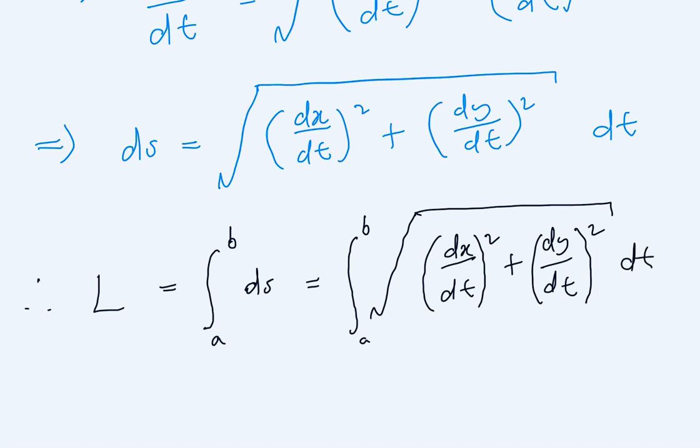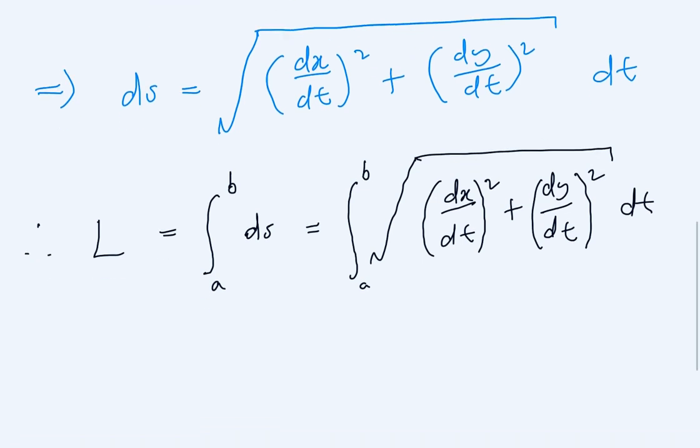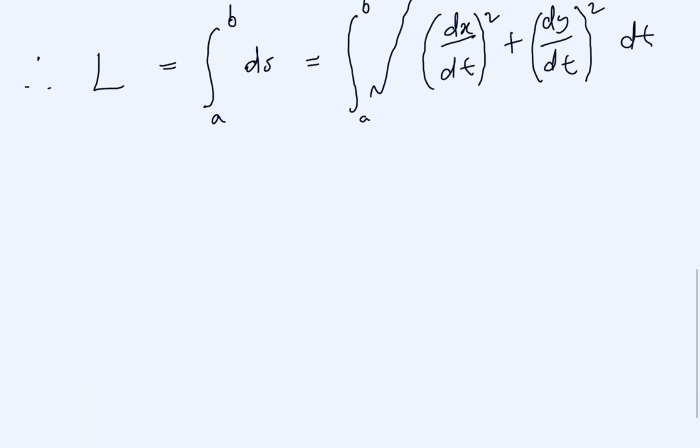So you basically integrate this from A to B to get the total arc length of our curve C. All right, you integrate from A to B, and you're integrating ds, which is given by this. So that's basically how you do it.